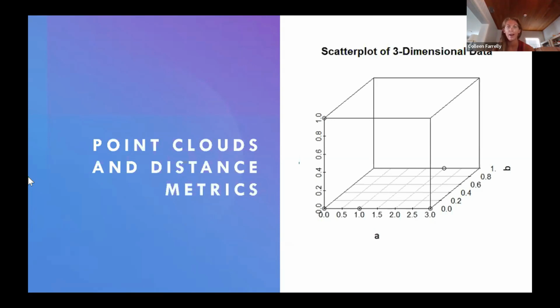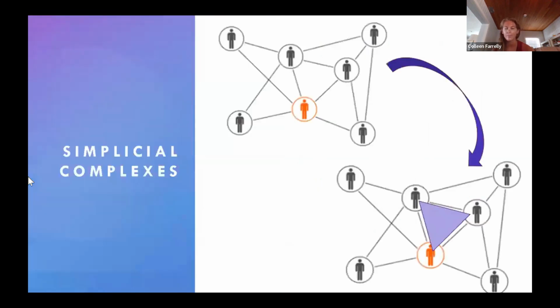There are hundreds, if not thousands, of distance metrics that I've come across, and each of them measures things a little bit differently. And so we have these really complicated spaces with points of data that can be measured in lots of different ways. And that's the starting point for persistent homology.